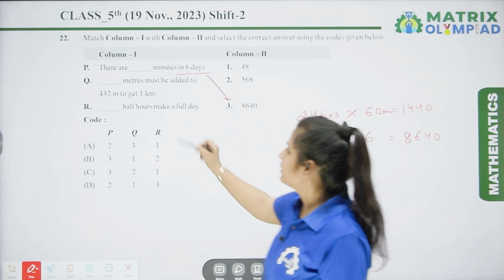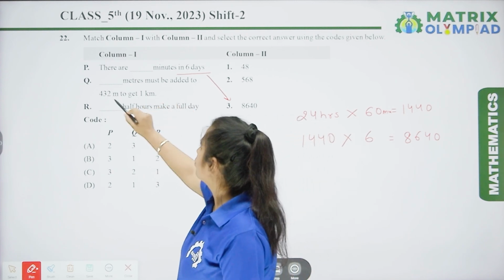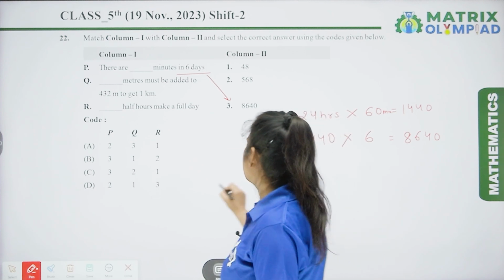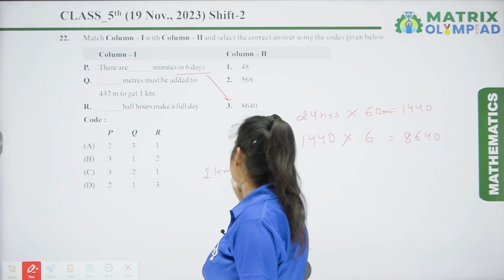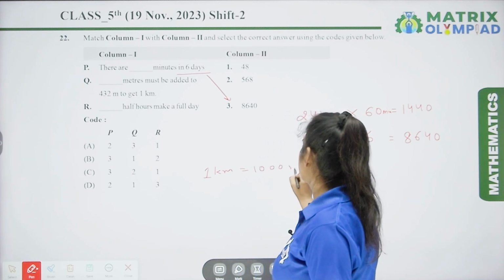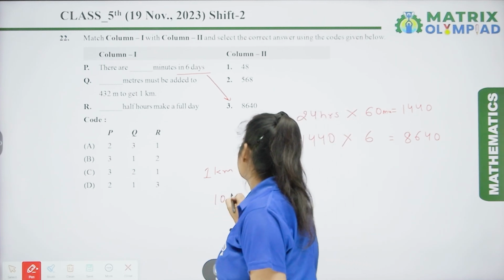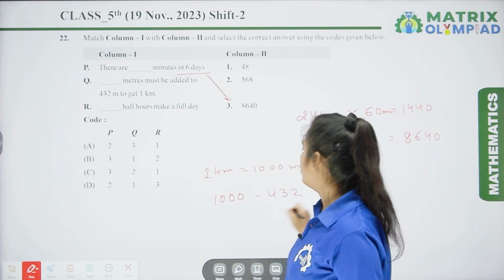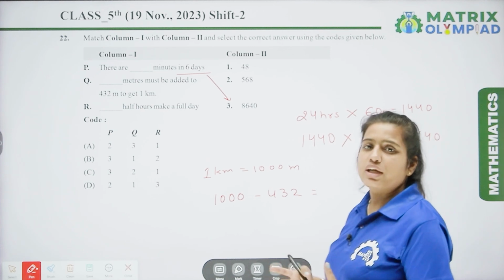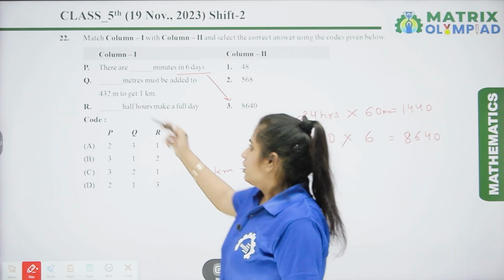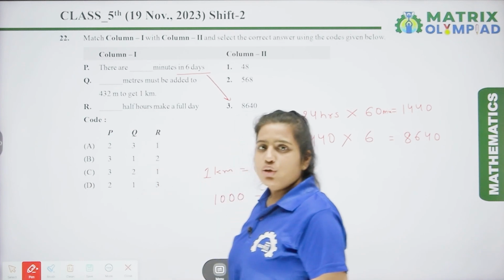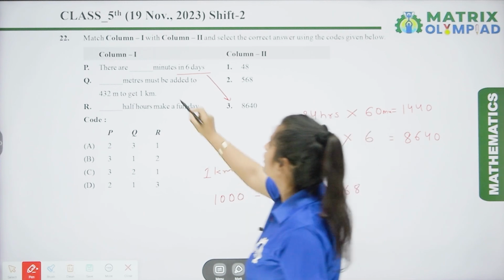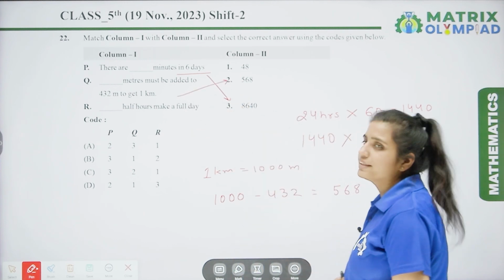So the answer of the first one is 8640. Now the next is: dash meter must be added to 432 meter to get 1 kilometer. We know that 1 kilometer is equal to 1000 meters. So we subtract 432 from 1000 to get the number to be added, and we get 568.